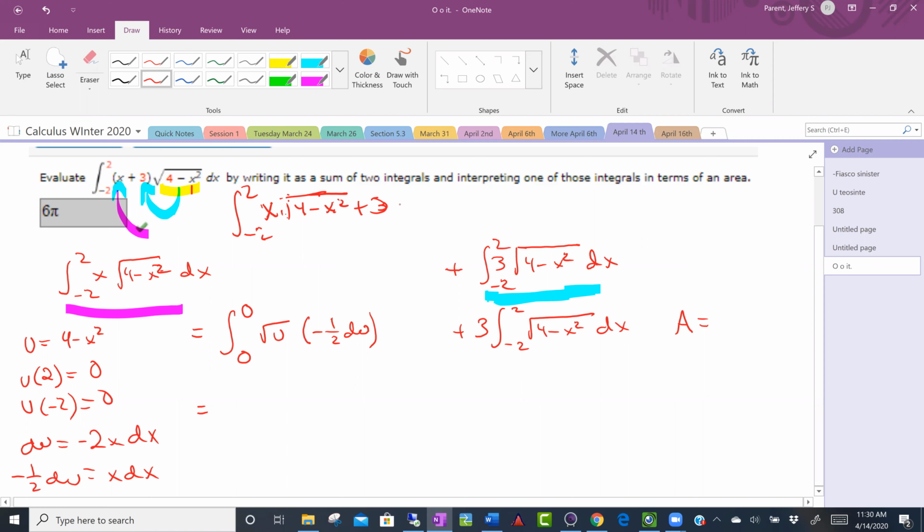This is why I wanted a document camera. So if you just distribute that term, and I'm sorry that the writing is so awful, then we can split up the integral, which is what I did. I split it up into two pieces here and here. So I'm hoping we're okay with that split.